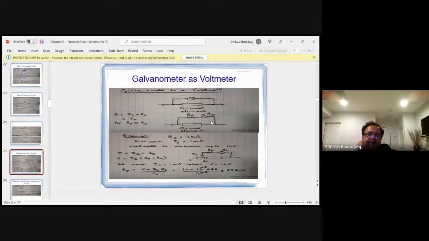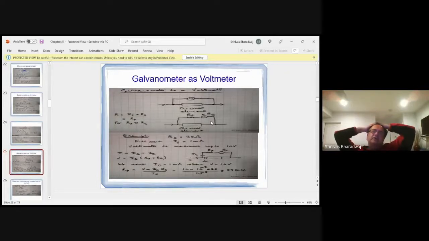So if Ig equals 1 milliampere and Rg is 20 ohms, you must have a correspondingly large series resistor, so that your net current is small, because you measure very small currents, right?